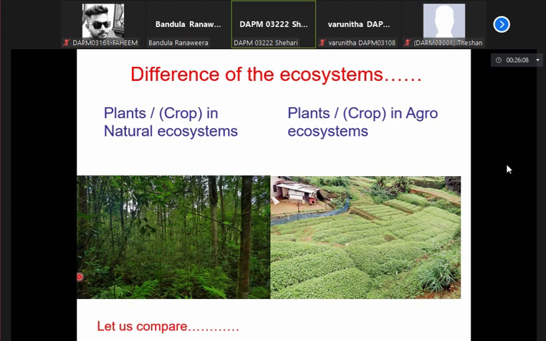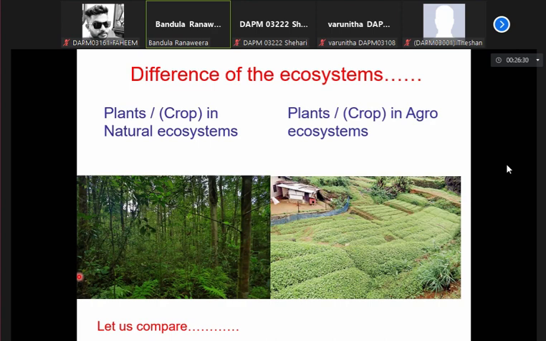Agro ecosystems have monocropping or less variety. Yes, it was mentioned that diversity is higher in natural ecosystems. Many plant species, many types of plants; in an agro ecosystem, it is lower.